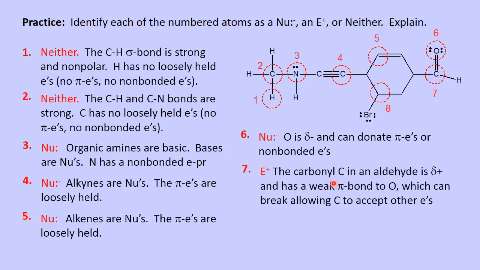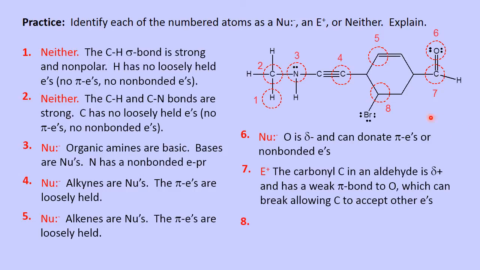The carbonyl carbon in this aldehyde is delta plus because the oxygen is more electronegative. And so it would like to have some more electrons. Now, carbon already has 8 electrons around it. It's got a full octet. So as it is, it can't accept any more. However, it can break this weak carbon to oxygen pi bond, and oxygen would keep the electrons, and that would allow carbon to accept another pair of electrons.